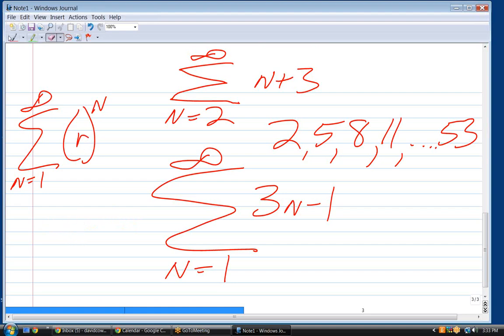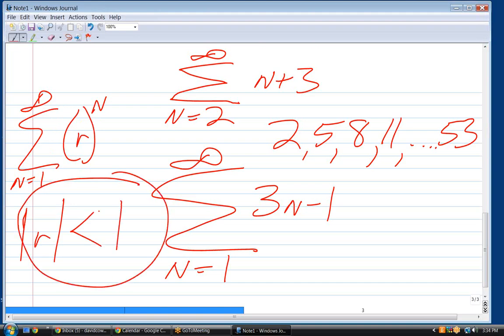And if r is greater than 1, say 1.1, then I have 1.1 plus 1.2 plus 1.4 plus, they keep getting bigger. And if they keep getting bigger, it's divergent. So the only way this is a convergent geometric series is if the absolute value of r is less than 1. That is one of the tests for convergence: if it's a geometric series and r is less than 1, it's convergent.